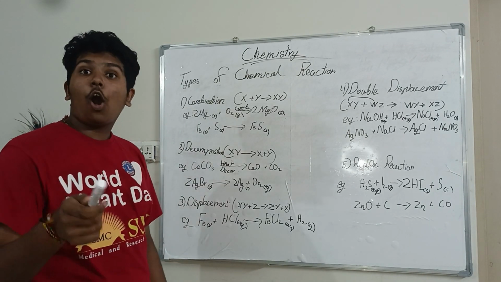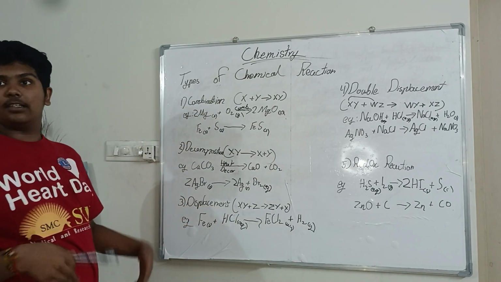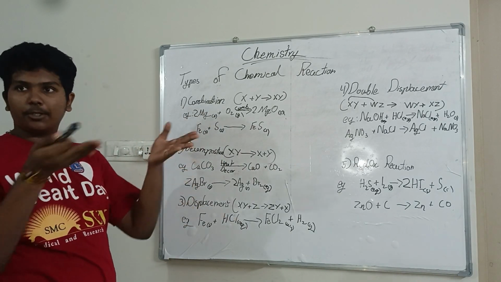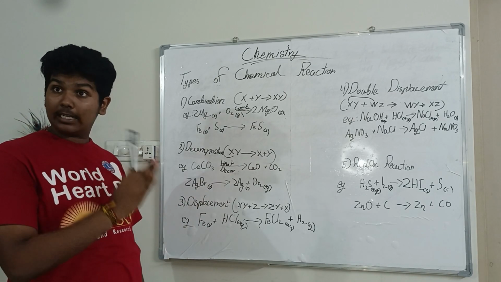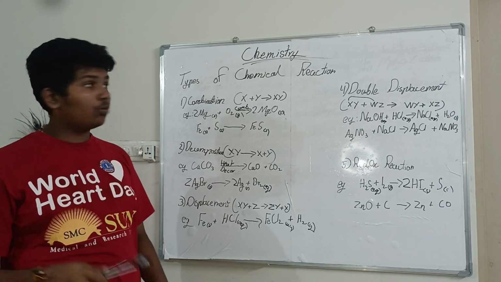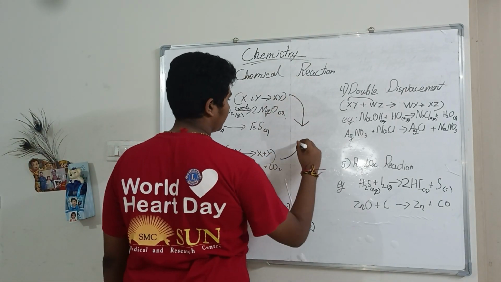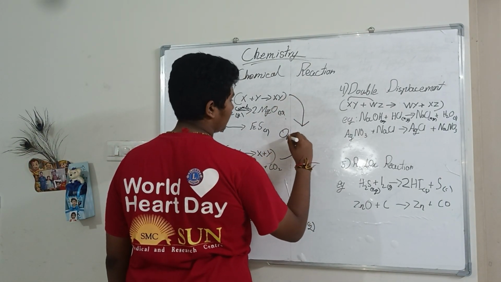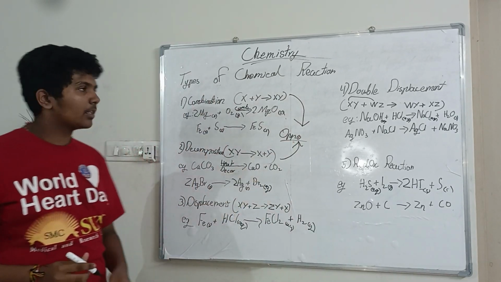They are actually opposites. How are they opposites? Here they are showing reactants. Two or more reactants are forming one product. But here, one reactant is forming two or more products, right? So this one and this are opposites. I'm just going to write here output for now.